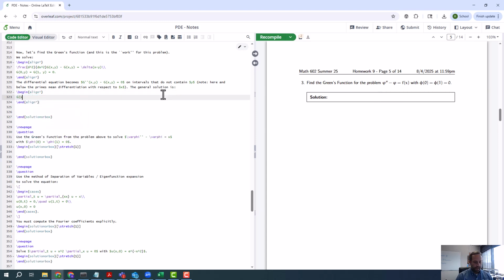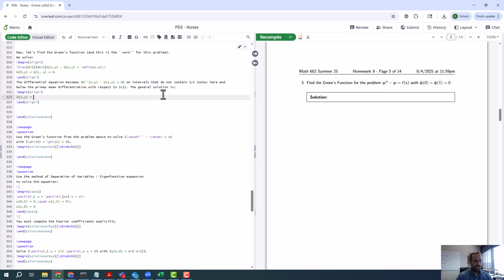So here's what I'm going to do: g double prime equals g. This is going to give me exponential functions: a constant times e to the power of x plus a constant times e to the power of minus x.